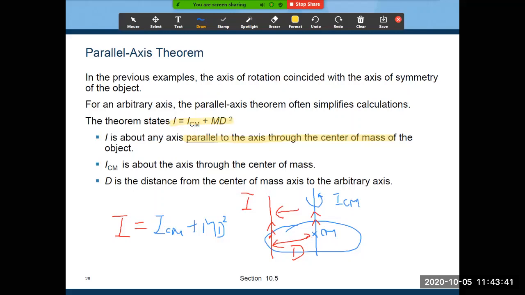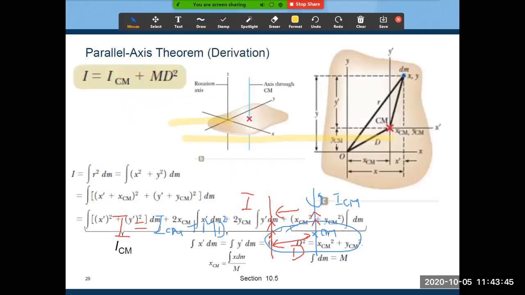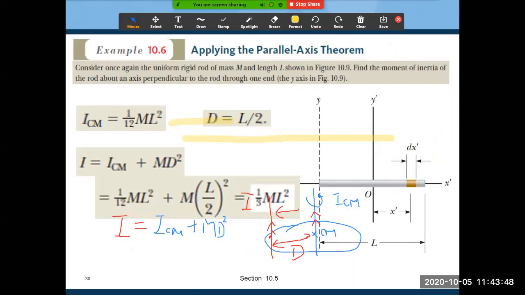In the lecture notes, we have the example of moving the axis from the one passing through the CM to the end of the rod. With the integration, we could calculate the answer.